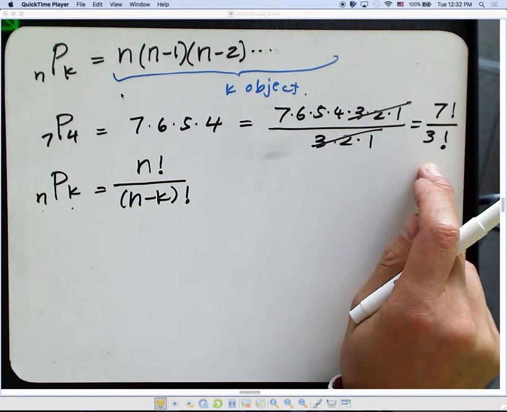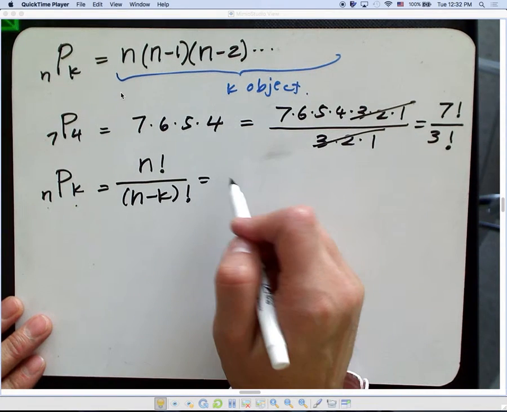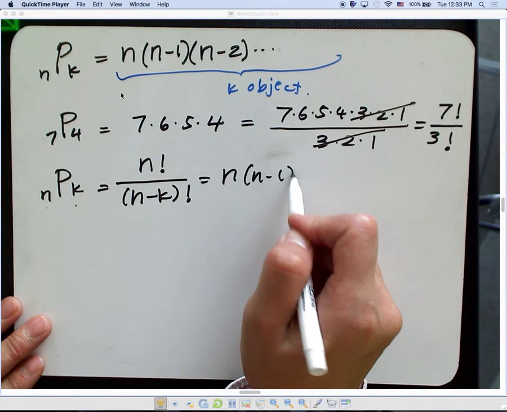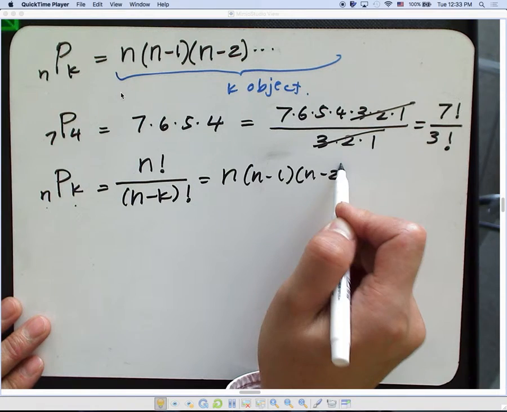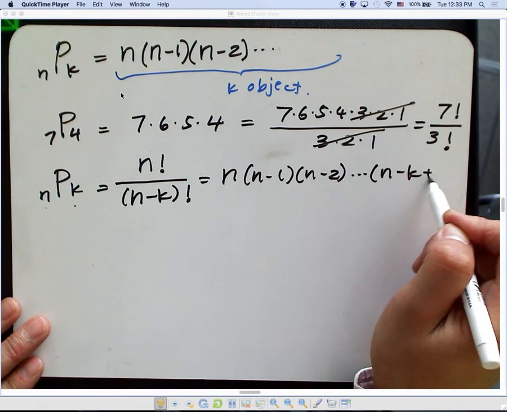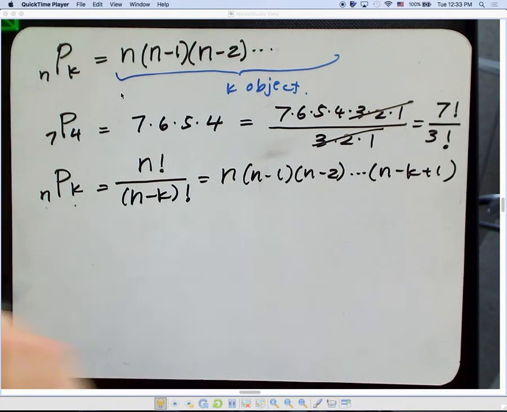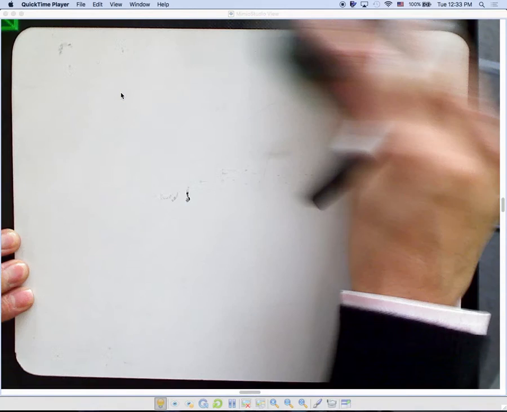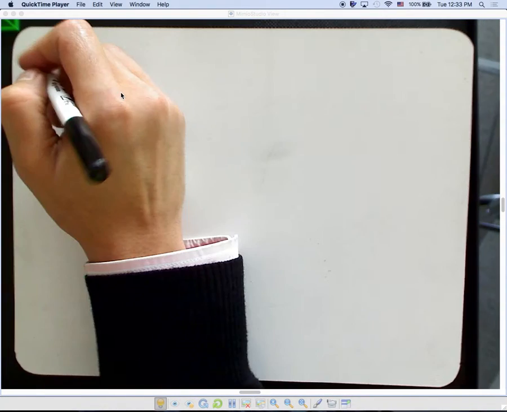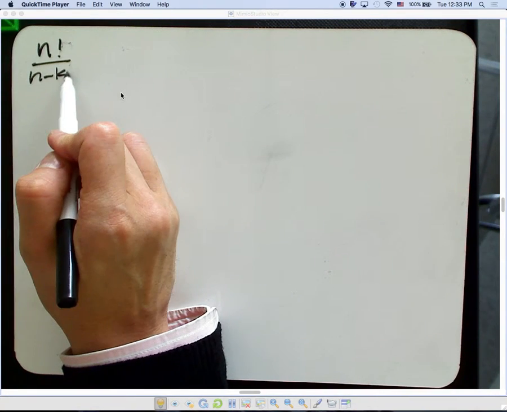But how do you know this is equal to n times n minus 1 times n minus 2 ... times n minus k plus 1? Let's start with n factorial over n minus k factorial.